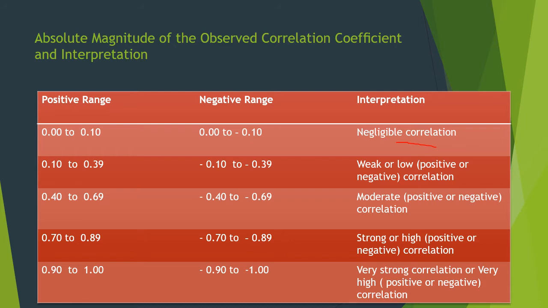When the value is 0 to 0.10, either positive or negative, there is a negligible correlation. When it is 0.10 to 0.39, either positive or negative, we say that there is weak or low positive or negative correlation.